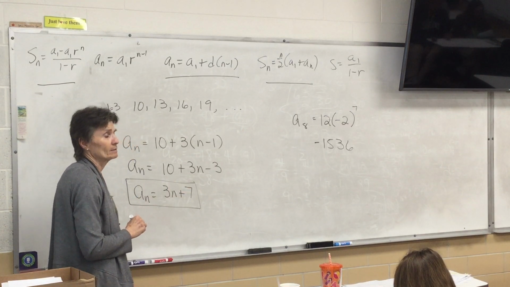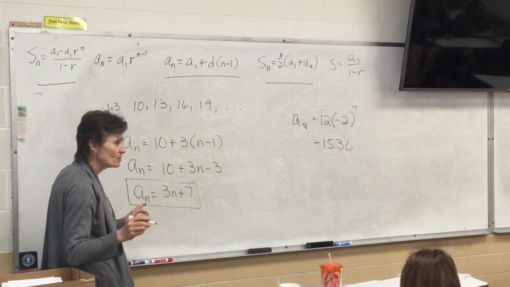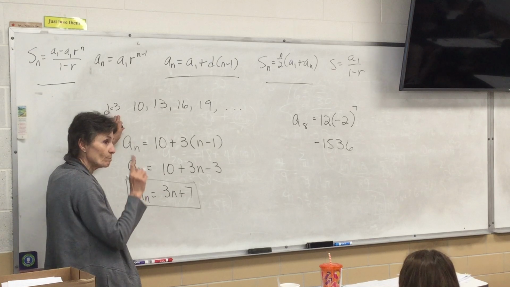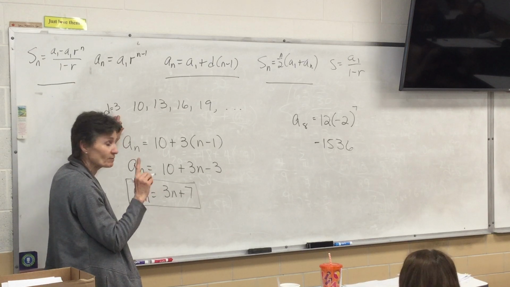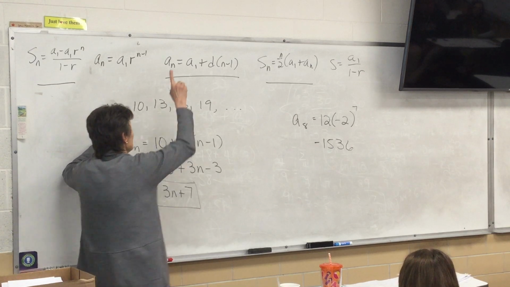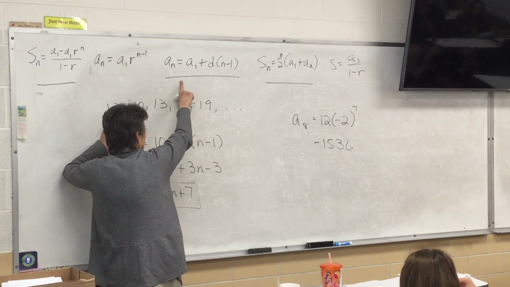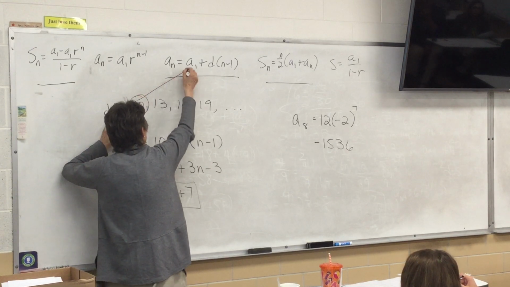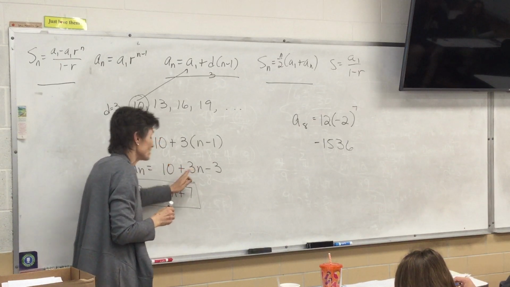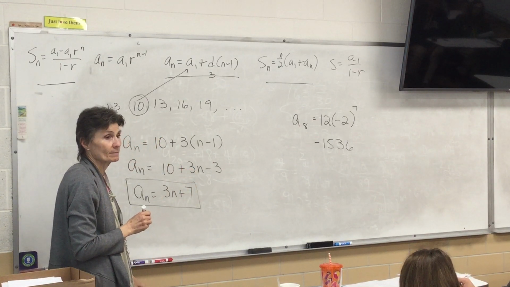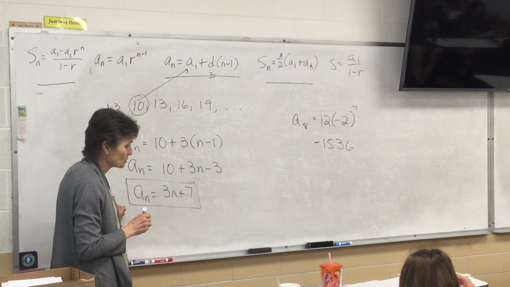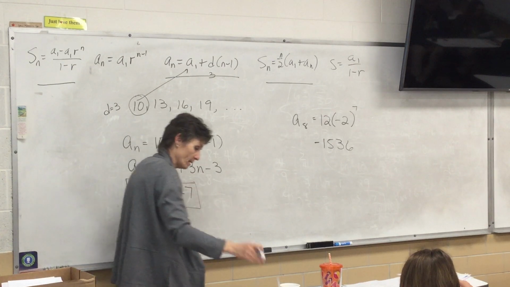That's your formula. So how did we do that? It wasn't hard. We figured out it was arithmetic. You have to figure out what kind of sequence you have. This is my arithmetic formula. I plugged in the first term, and I plugged in the common difference. And then the rest of it is just distributing and collecting like terms. Easy as pie. That's your explicit rule or your formula.